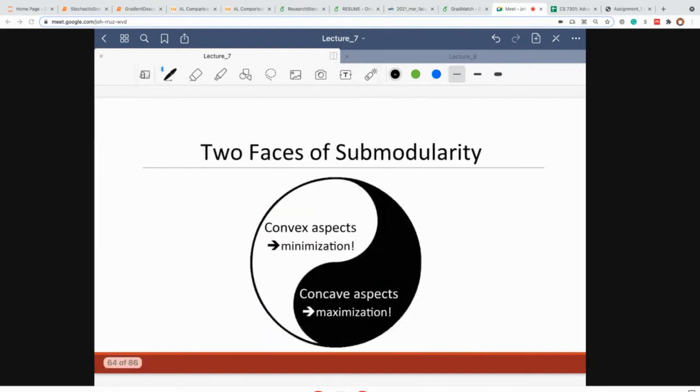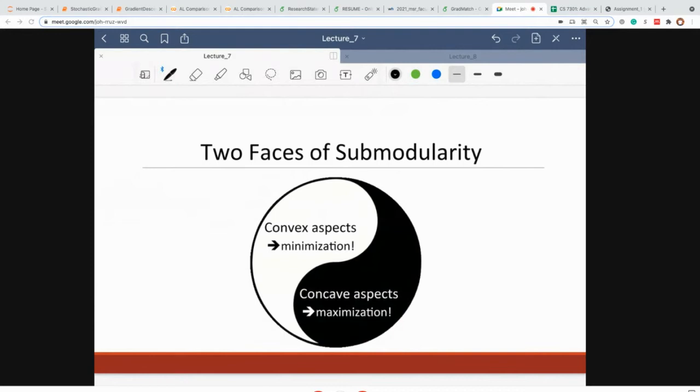All right. So this is something we'll talk about in lecture 8. Hopefully, we'll get to lecture 8 towards the end of today. There are two phases of submodularity, right? One phase is the minimization aspect of submodularity. The other phase is the maximization aspect of submodularity.